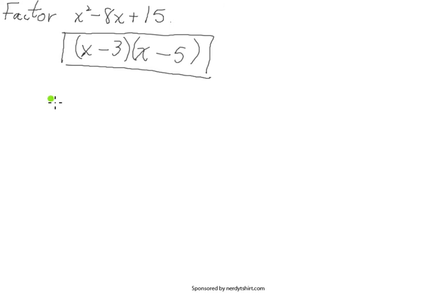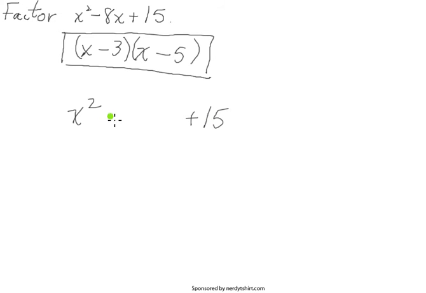Another way you could do this is with a treatment of grouping. Again focusing on that constant 15, you have the x squared that we led things off with, and the plus 15 at the end, with minus 8x in the middle.